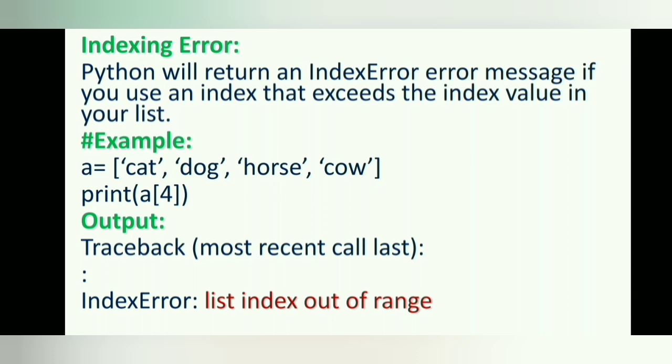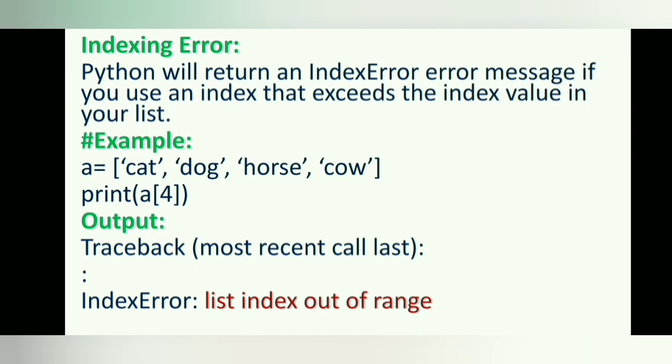Because the first index starts from 0, the last index is 1 less than the length of the list. Here the last index is 3. But we have used 4 as an index which exceeds the value in the list. So Python will return an index error message that list index out of range.